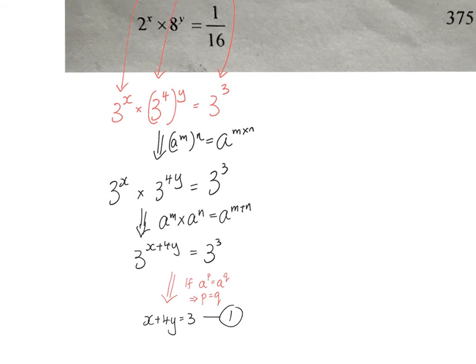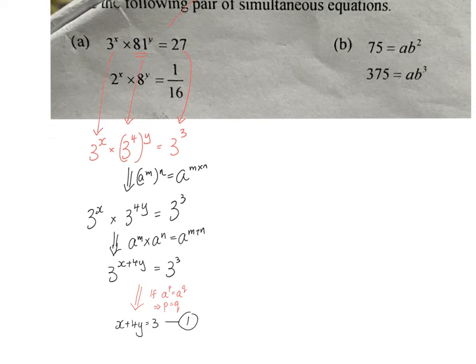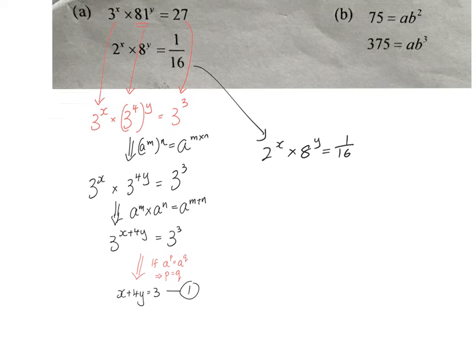All right, so for the next one, I have 2 to the power of x times 8 to the power of y equals 1 over 16, and this is the same again. I look at 8, I see 2 to the power of 3, and I look at 16, I see 1 over 2 to the power of 4.